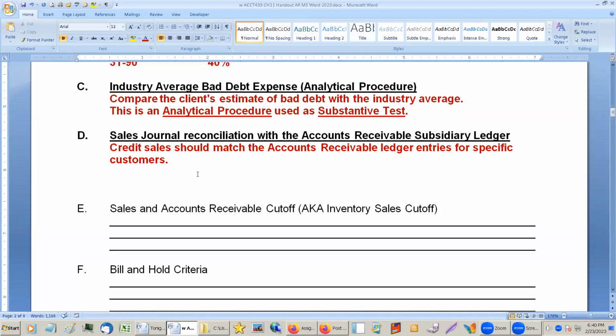So let me clean up what I just said here. There's special journals for almost everything. This is one of the special journals. Yeah, there'll be one for purchases. There'll be one for things that are repeatable, that happen all the time.